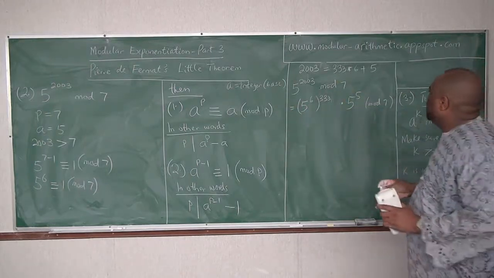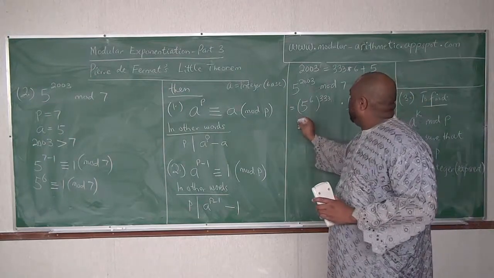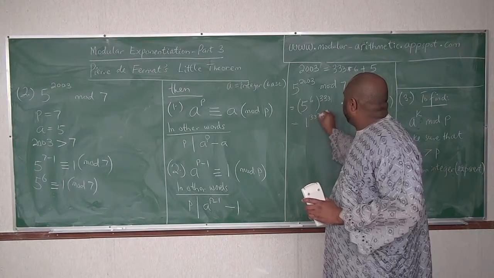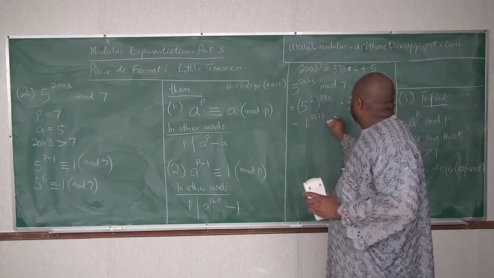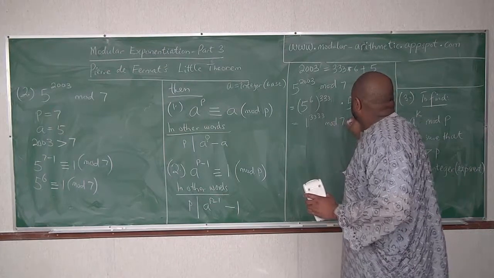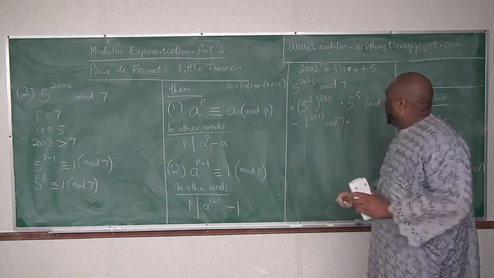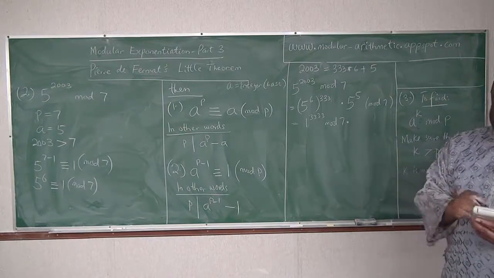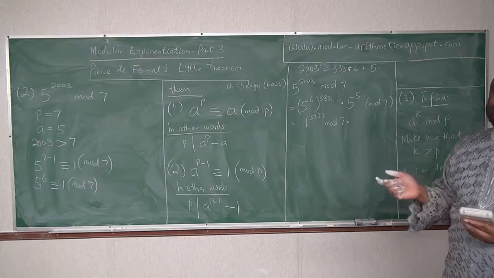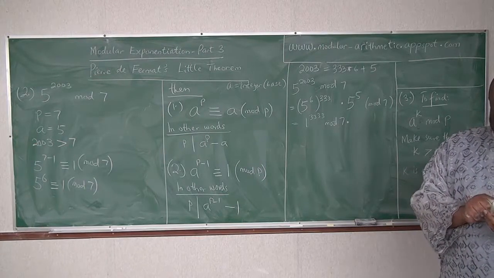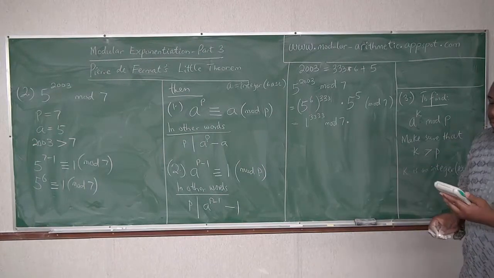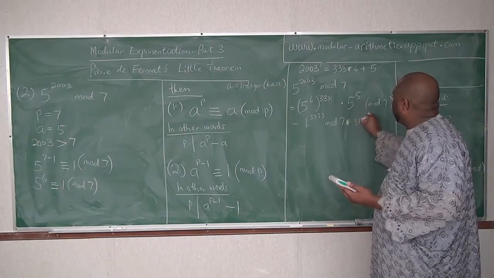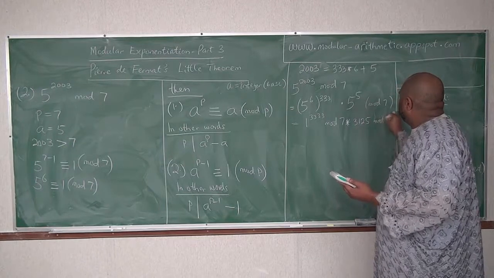So this gives me 1 exponent 333 times 5 exponent 5, and 5 exponent 5 gives us 3125, mod 7.